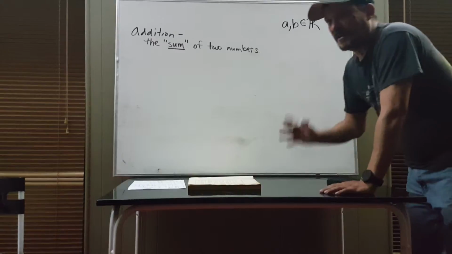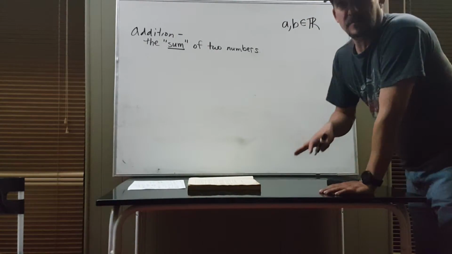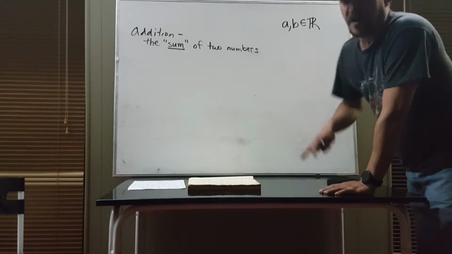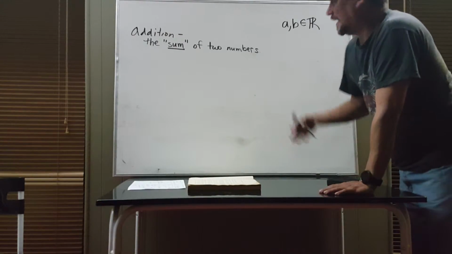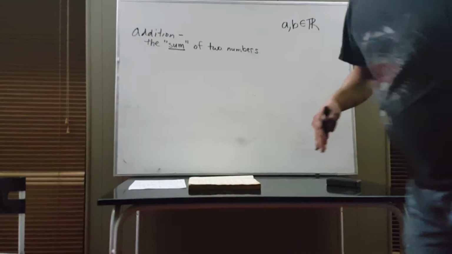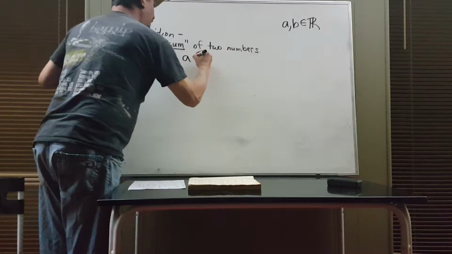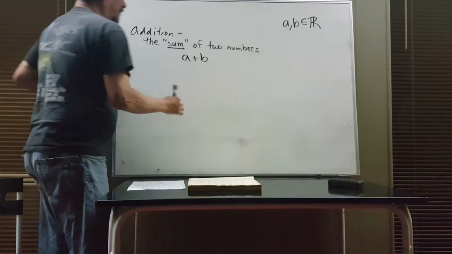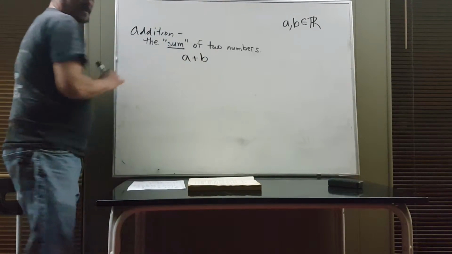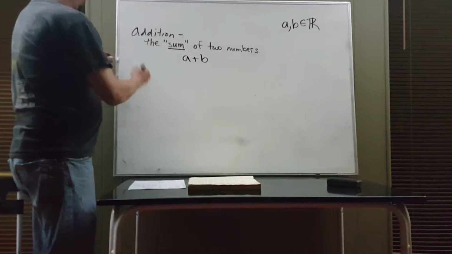For now, we're going to talk about what real numbers are in the future. But for now, I just want you to understand that these are numbers that you use on a daily basis, A and B. And A and B are variables. And when I talk about the sum of two numbers, in algebra, we notate this as A plus B. Okay? A plus B is the sum of two numbers.